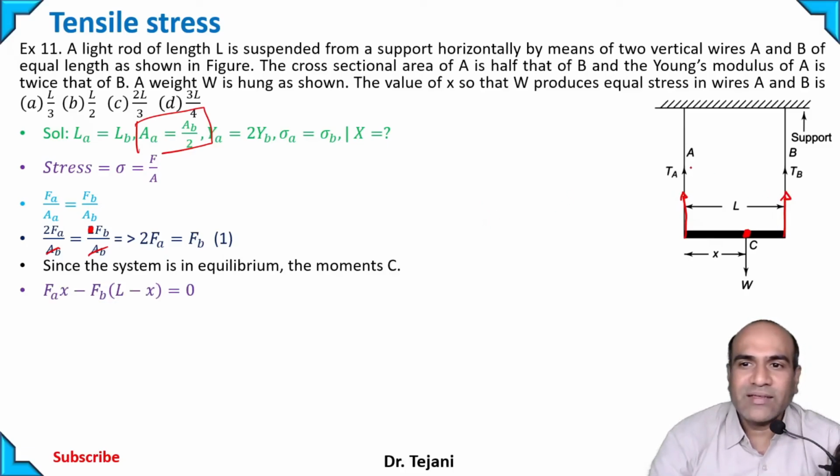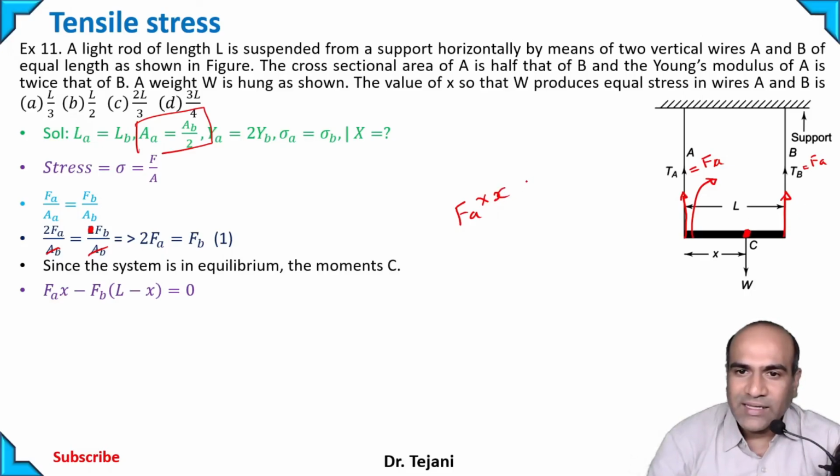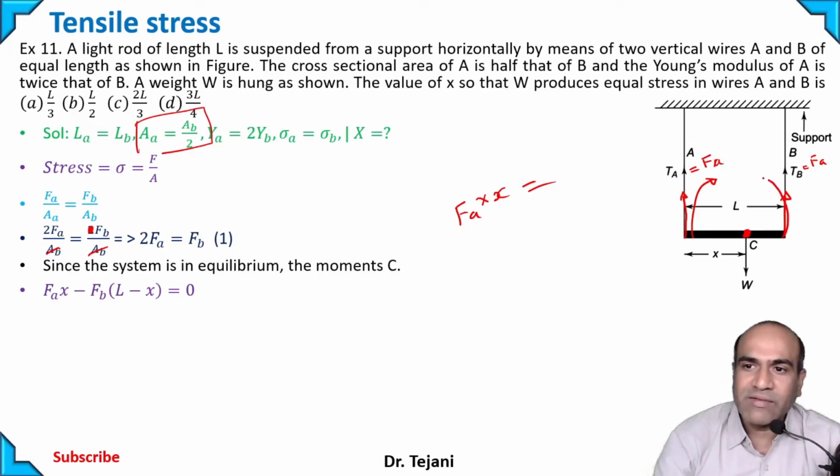In place of TB, we can say force because of string A, force because of string B. See, FA, taking moment about C. So this is moment with respect to this. FA clockwise multiplied by distance x. FA multiplied by distance x is equal to the opposite direction, this is having opposite direction, anti-clockwise.